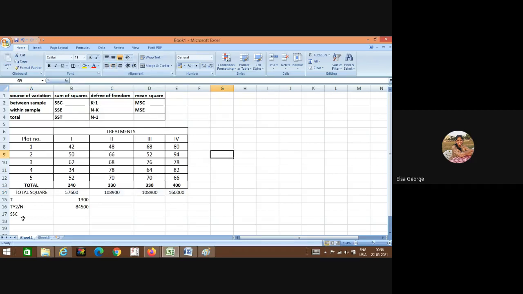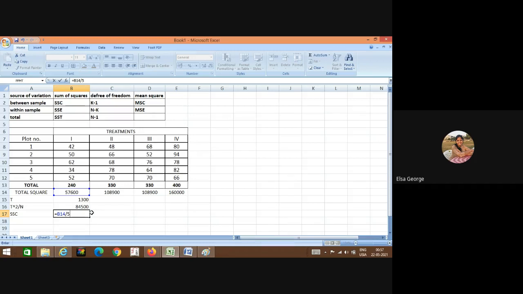I just wrote it here to ease my calculation. So this is equal to sigma x1 square divided by n1, where n1 means the total number of items in the first group. So it is 5. Here we have everything equal, but it need not be equal always.